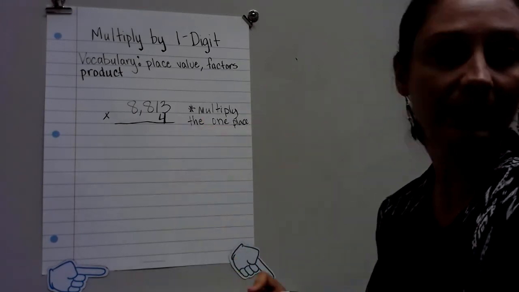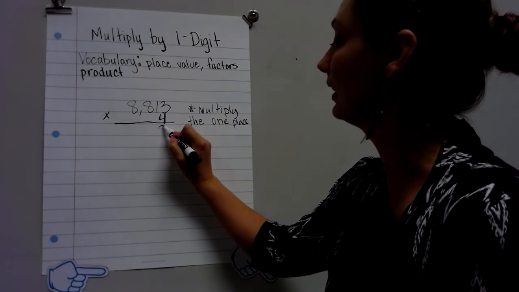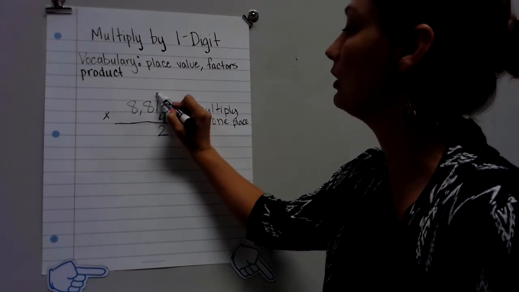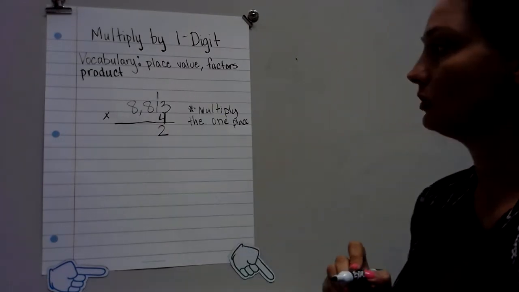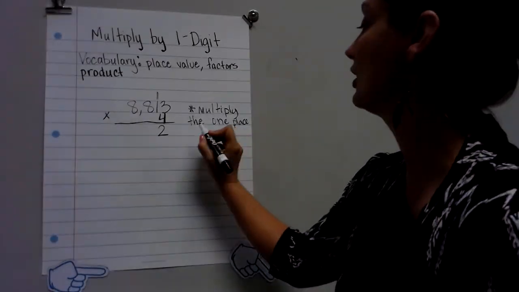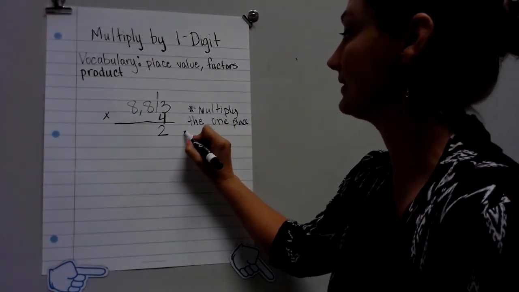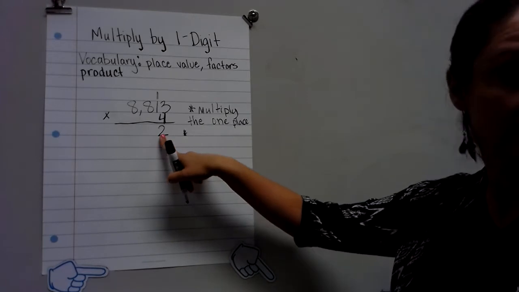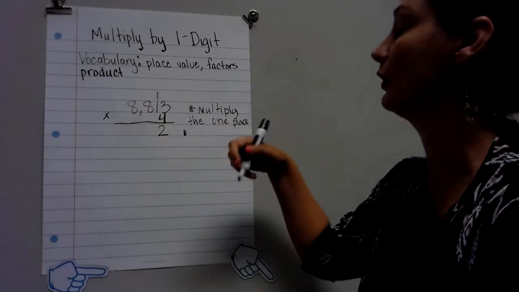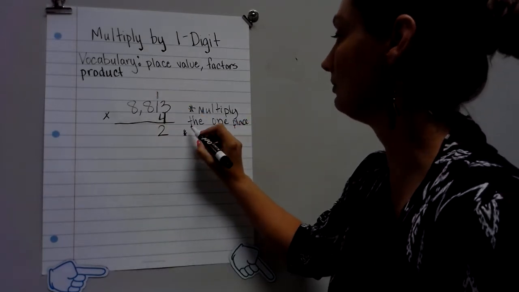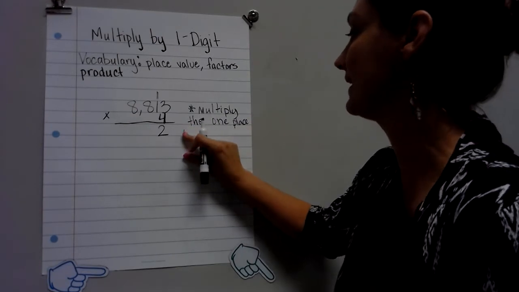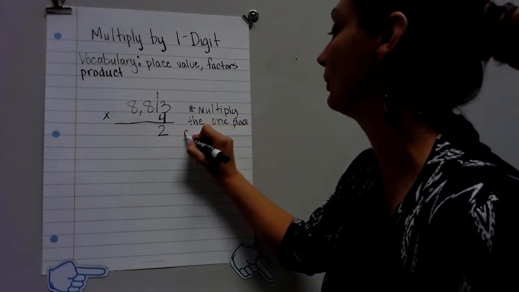So 4 times 3 is 12. So I'm going to place the 2 and regroup the 1 into the tens place. So the next step is I put the answer and then carried the 1 or regrouped the 1. So multiply the ones place, and then we'll add that and regroup.